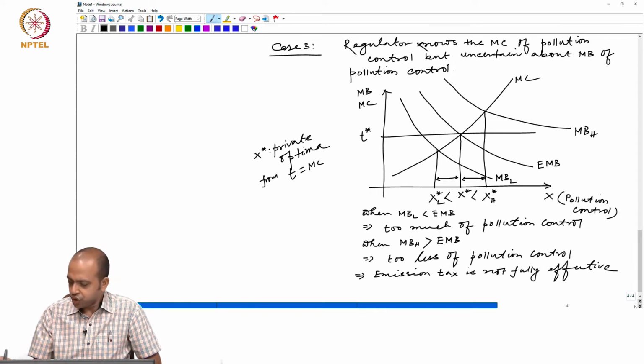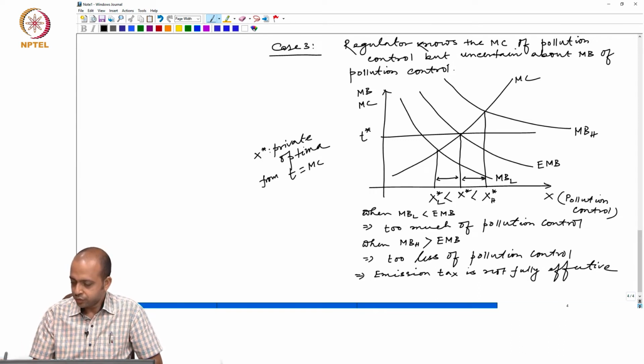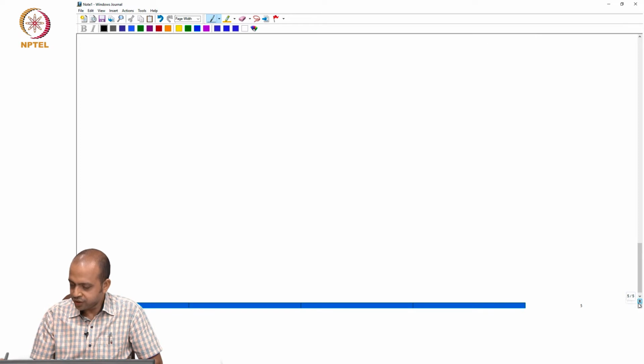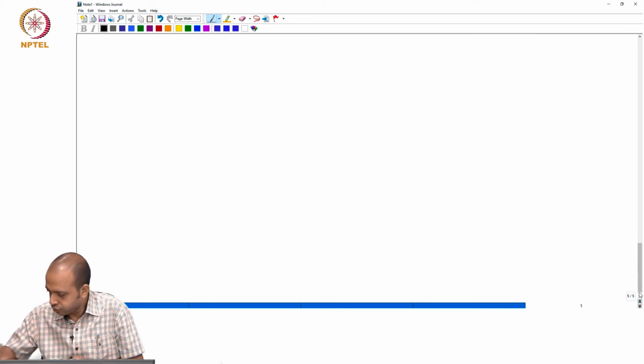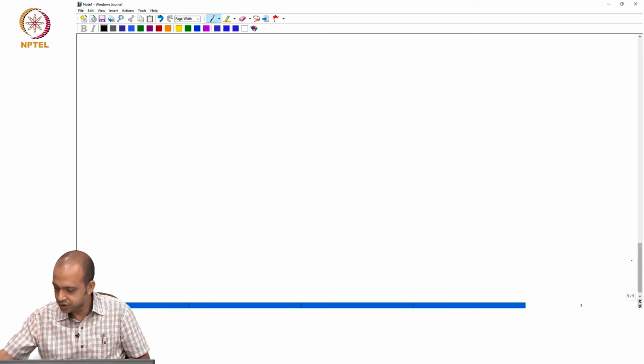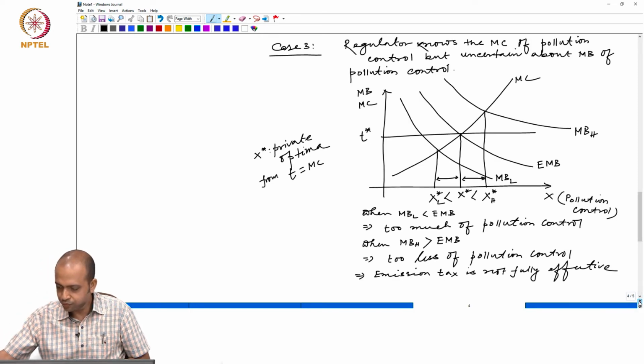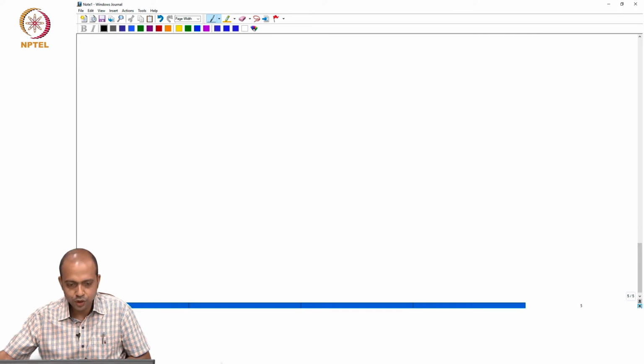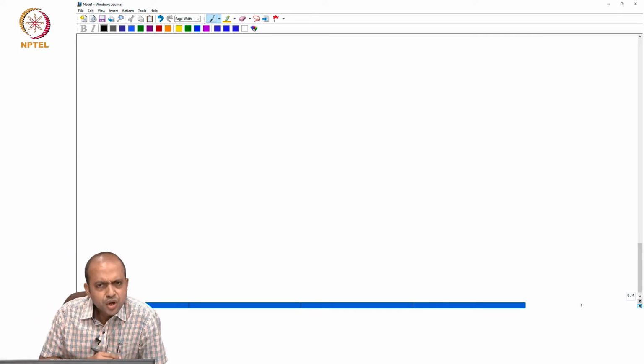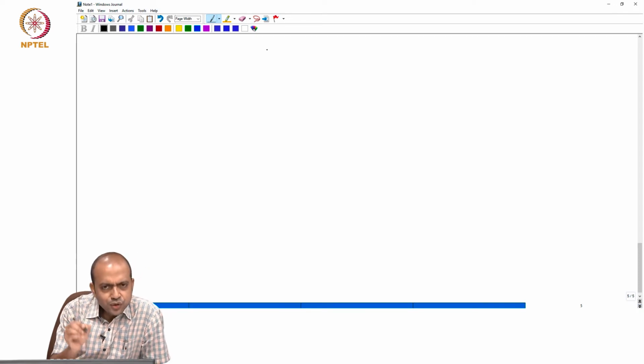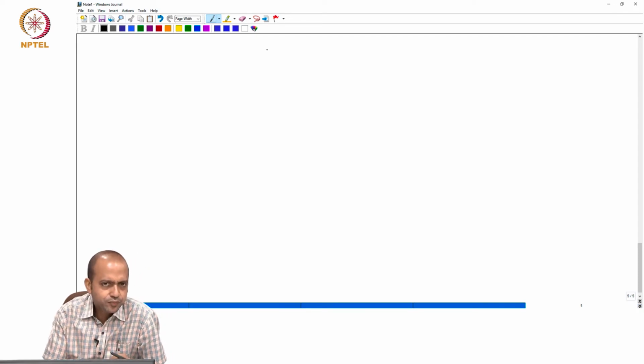Now, the next question we are going to ask: we understood that when there is uncertainty, the effectiveness depends on relative slope. But the next question is what the government should do with the revenue generated from this emission tax.